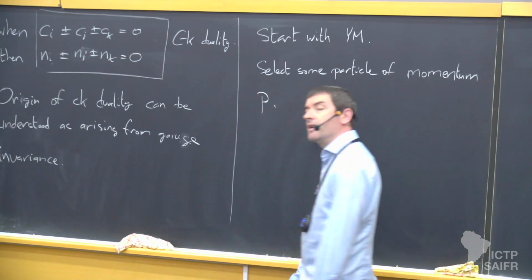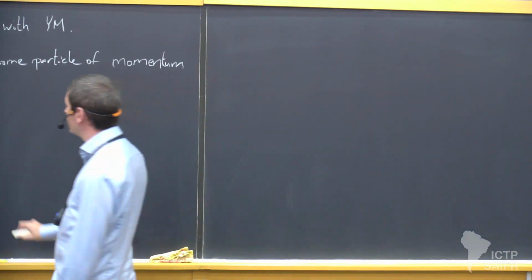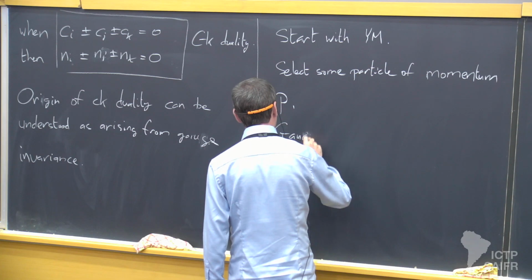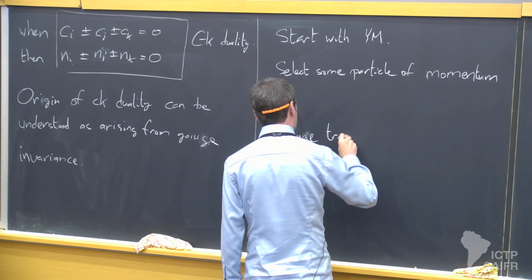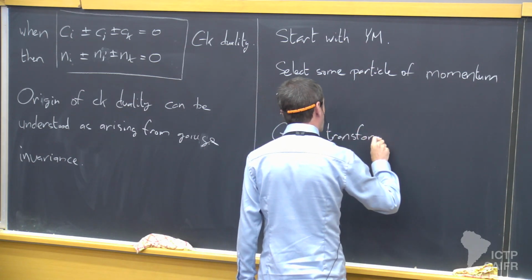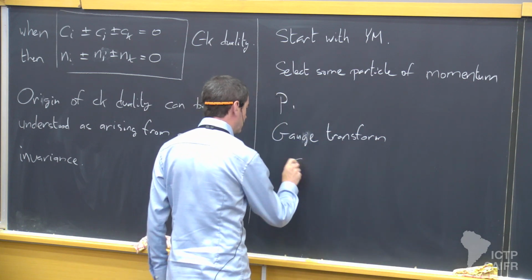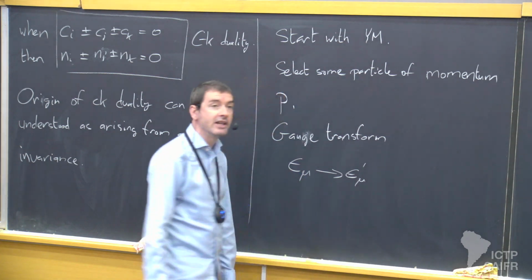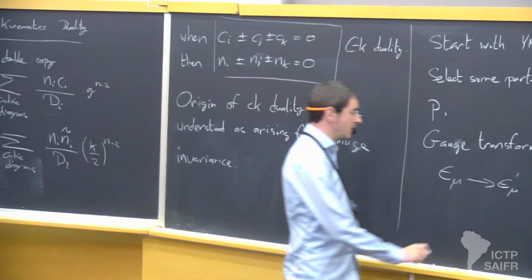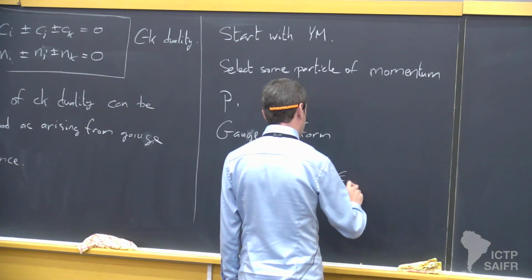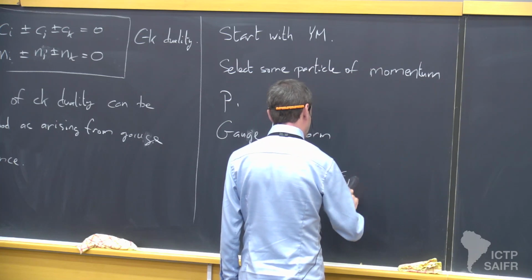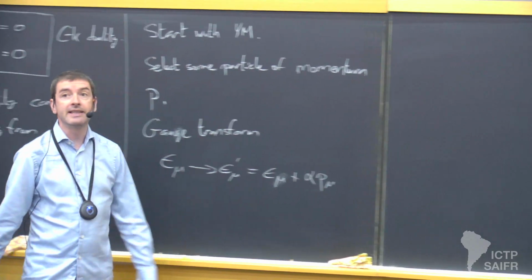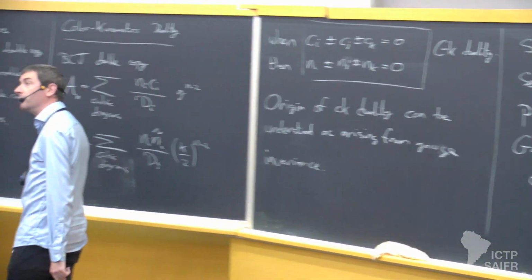Performing a gauge transformation means I change the polarization vector. So the polarization vector of this particle, I'll call that polarization vector epsilon, gets replaced by another polarization vector epsilon prime, which is just the original epsilon plus alpha p^mu, where this alpha is any number you want it to be, like any complex number.